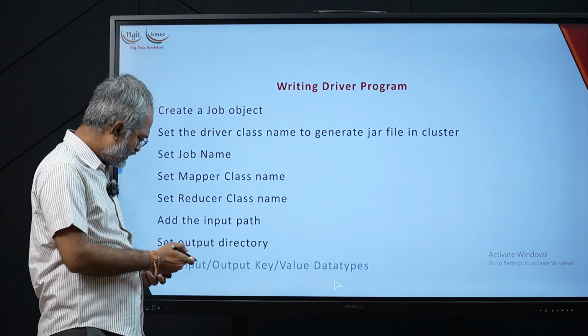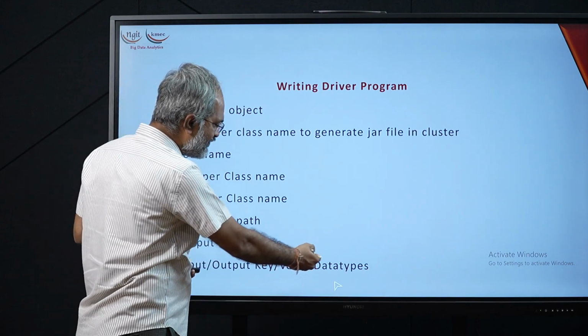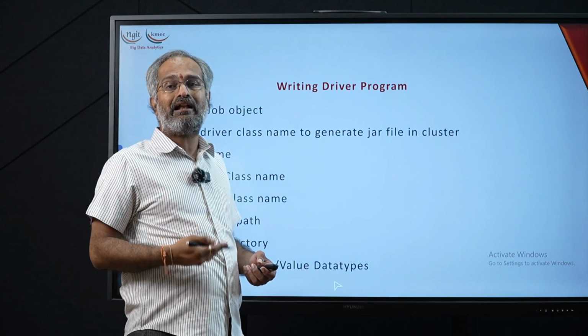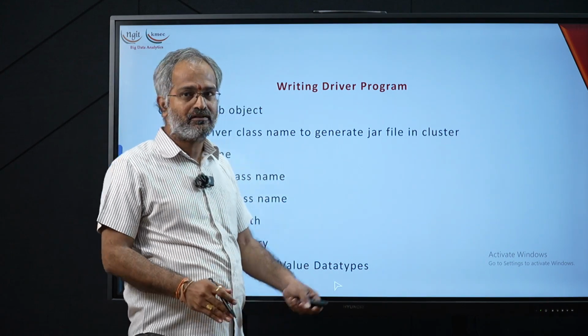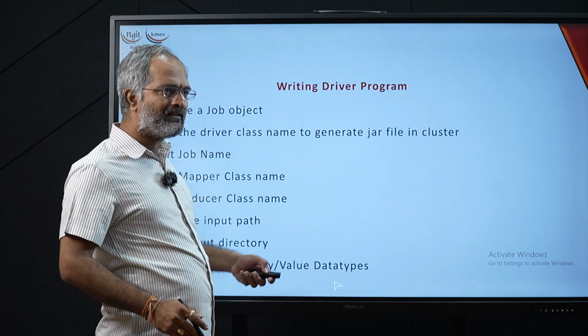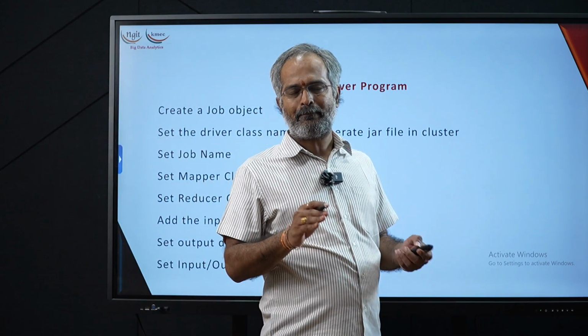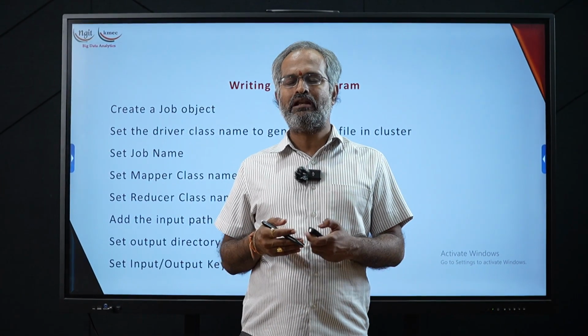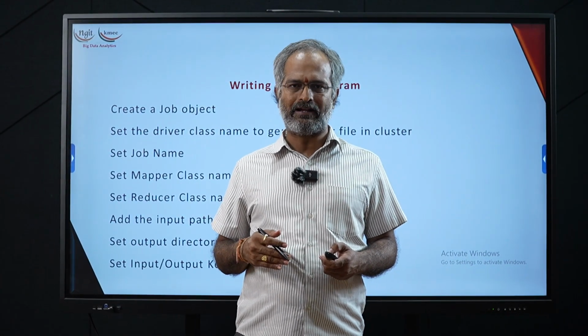And then set the input and output key value data types; you have to mention these in the driver program only. So this is how to write a MapReduce application, and in the next session we will implement the word count program. Thank you.